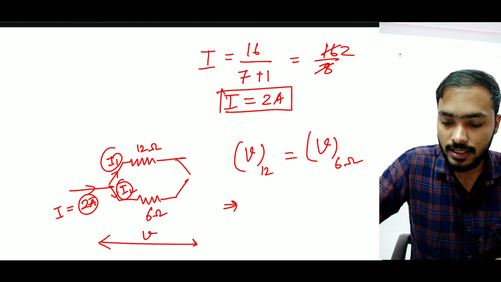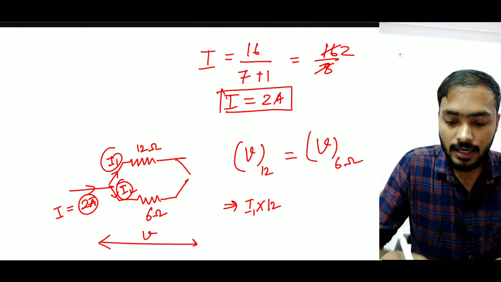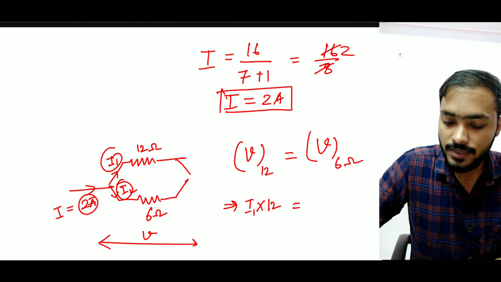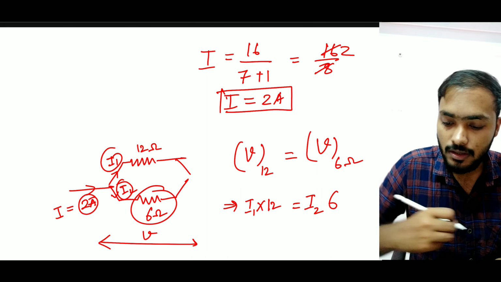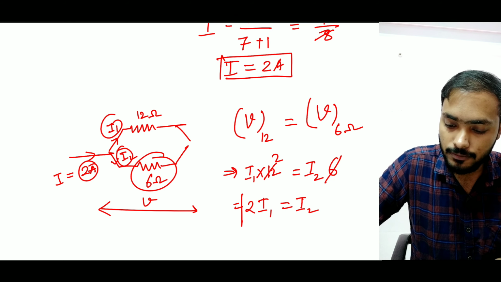So I1 times 12 is equal to I2 times 6, yes or no? All right, very good. So 2 times I1 is equal to I2.